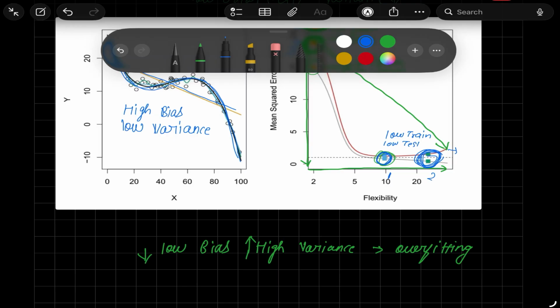Why low variance? Because the error will be the same, because it hasn't even captured a pattern so that it can make a prediction. If it cannot make a prediction, how can it give us low or very high error? The error will always be the same because it has nothing in hand.